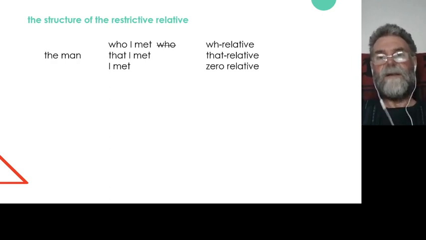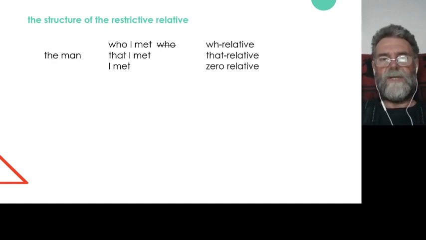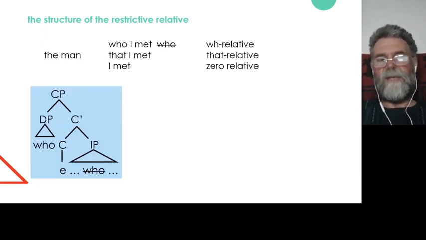The WH phrase starts off in the object position and then moves in front of the subject, which again looks exactly like any other kind of WH movement, that is, movement into the specifier of the CP in front of the IP. Again, there's no inversion here, so the complementizer position is empty, and we get something which is again exactly like the interrogative and like the non-restrictive relative clause.